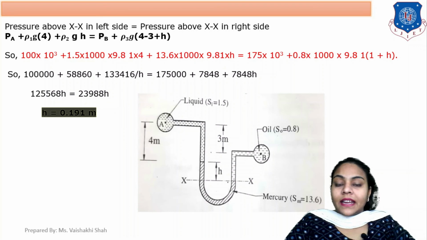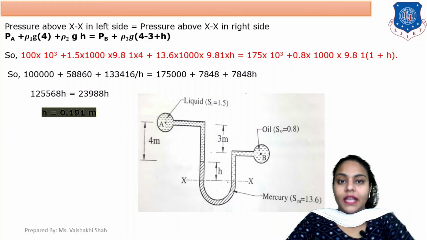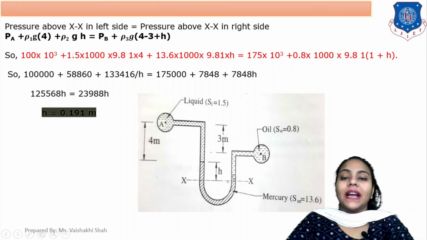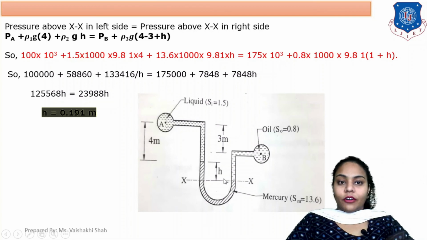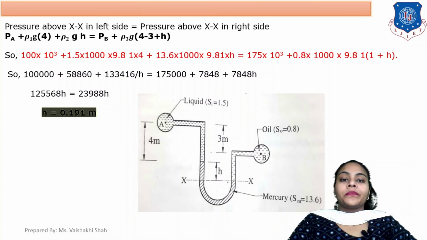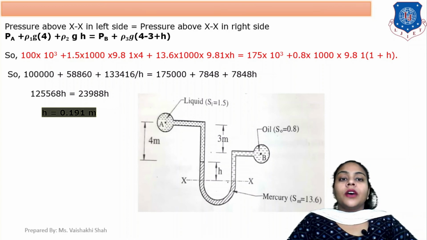You can say that it is 4 minus 3 plus h. Just see this diagram, this height is 4 minus 3, so you get this height plus h, so that is your height on the right hand side.